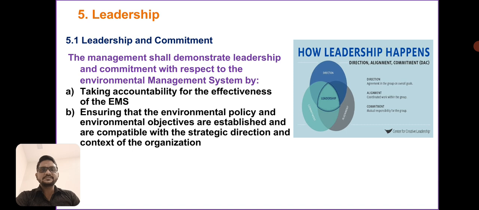Now, next clause is leadership. What is leadership and commitment? It is covered in clause 5.1: the management shall demonstrate leadership and commitment with respect to the environmental management system. First is taking accountability for the effectiveness of the EMS. Second is ensuring that the environmental policy and environmental objectives are established and compatible with the strategic direction and context of the organization.